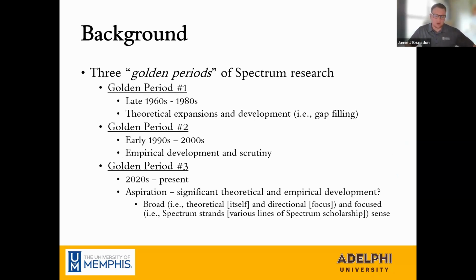So based on our reading, there would appear to be, at least to us, 3 golden periods of spectrum research. The first golden period occurred between the late 1960s and the late 1980s. And it was during this period that we saw significant theoretical expansions and development as it pertained to the nature of the spectrum framework.